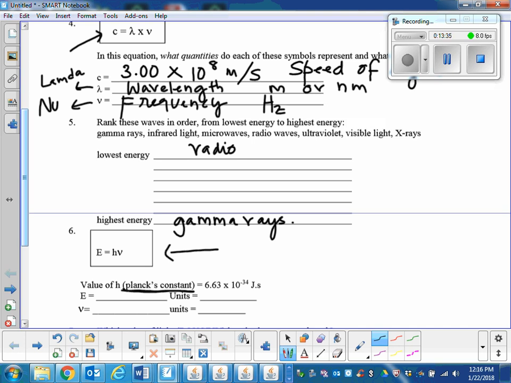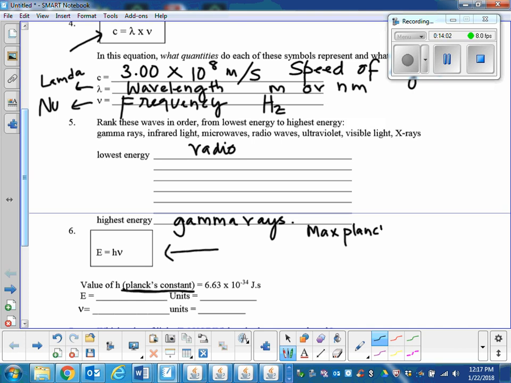Max Planck was the scientist who provided us with Planck's constant. You presented scientists. Anybody remember what Max Planck's contribution was? Max Planck said energy is quantized.